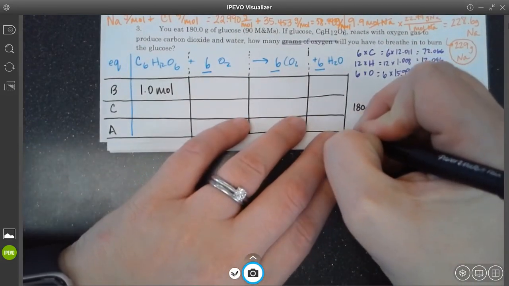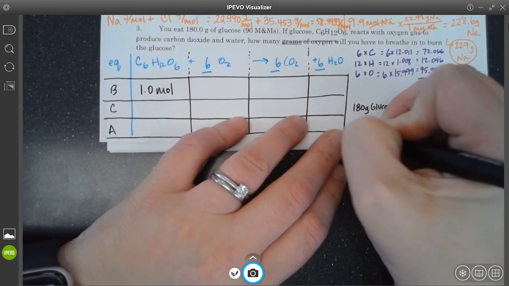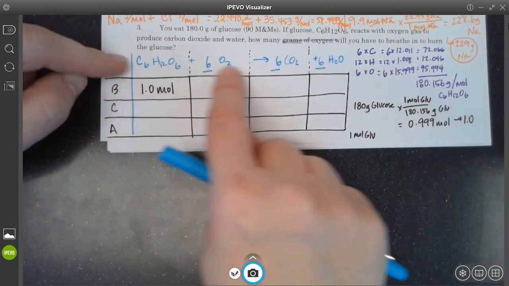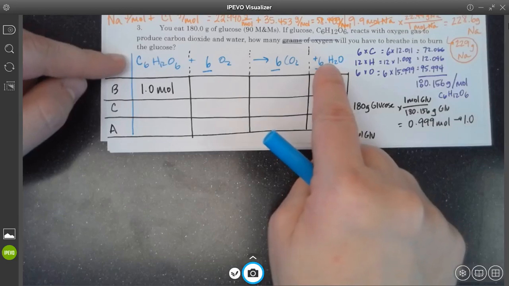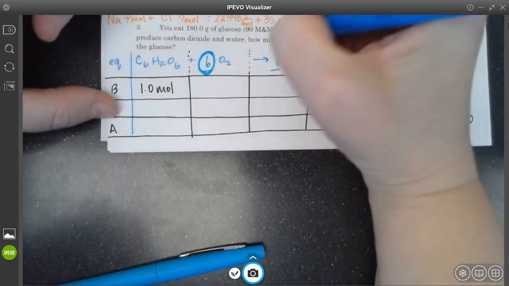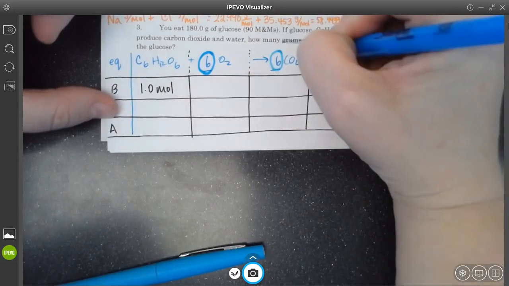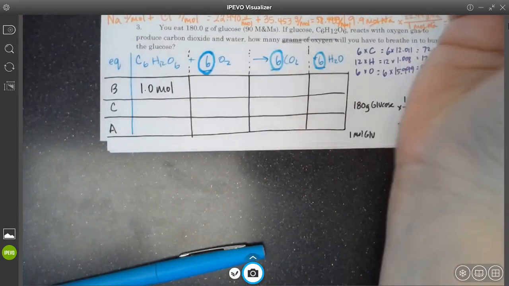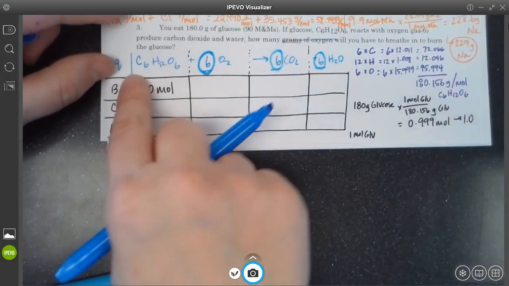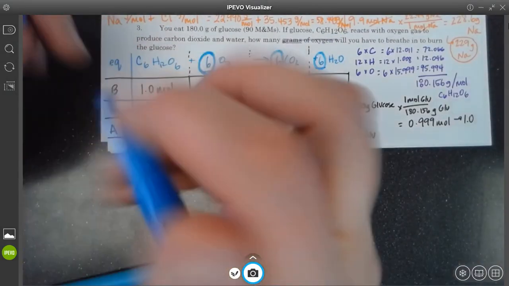Okay, so if I've got 1 mole of glucose, the way that I'm going to convert that is I'm going to use these things called stoichiometric coefficients. It's a real word and it's kind of fun. If you're going to learn the word stoichiometry, you may as well use it. In front of this, it would be a 1.